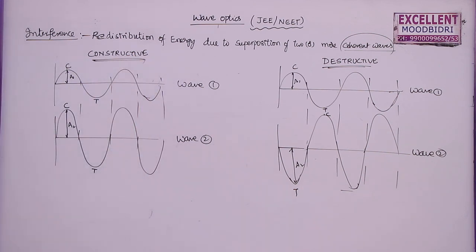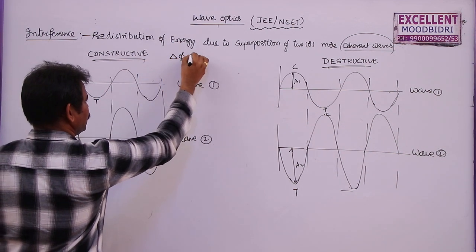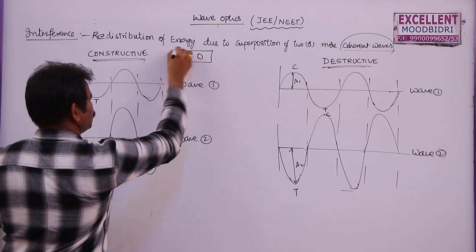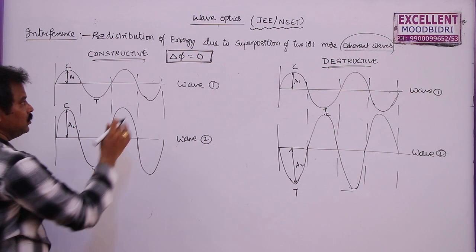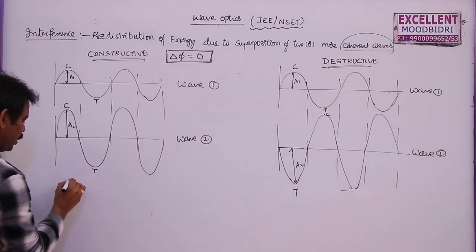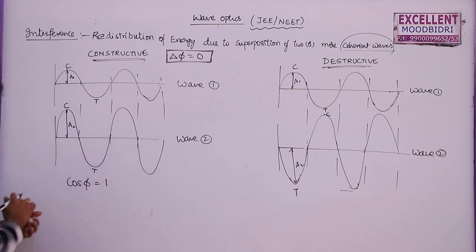So in these cases, destructive or constructive interference, first I am going to write, for the constructive interference to take place, the condition is the phase difference must be equal to 0. So there should not be any phase difference between these two, or the cos phi value must be equal to 1 here. If cos phi is equal to 1, then constructive interference may take place between these two.